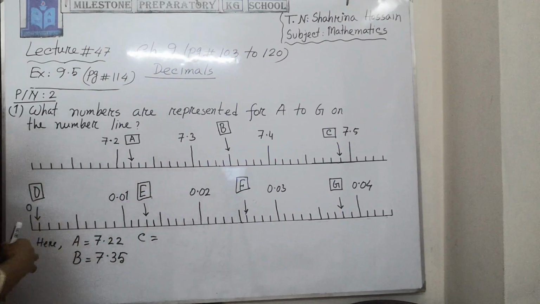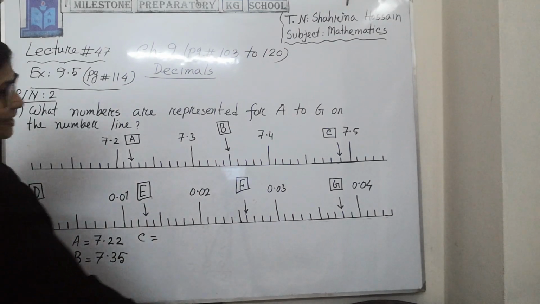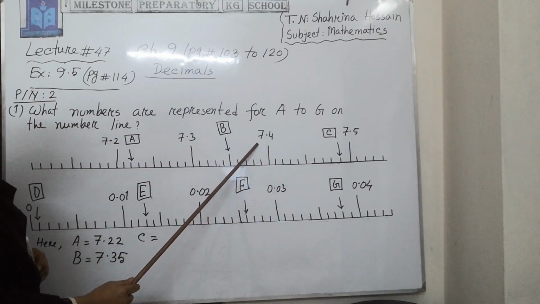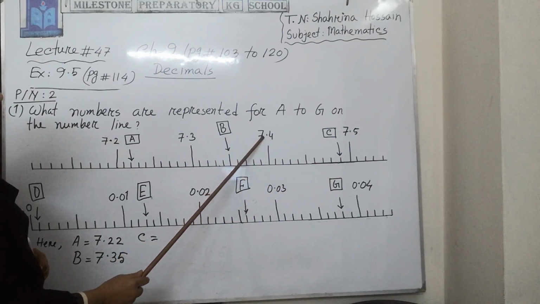Okay. So now number C. Here see, this line position is 7.4.